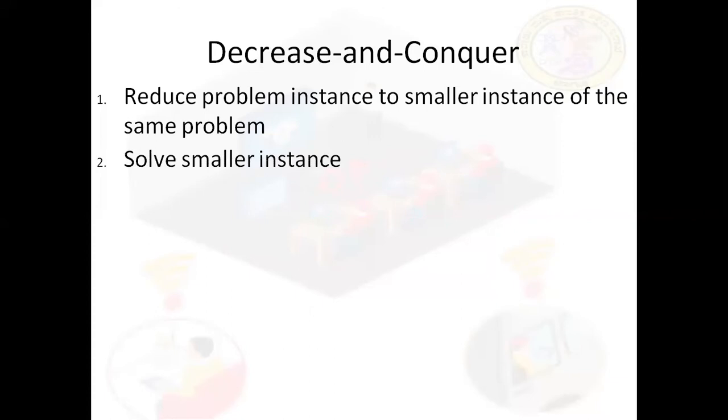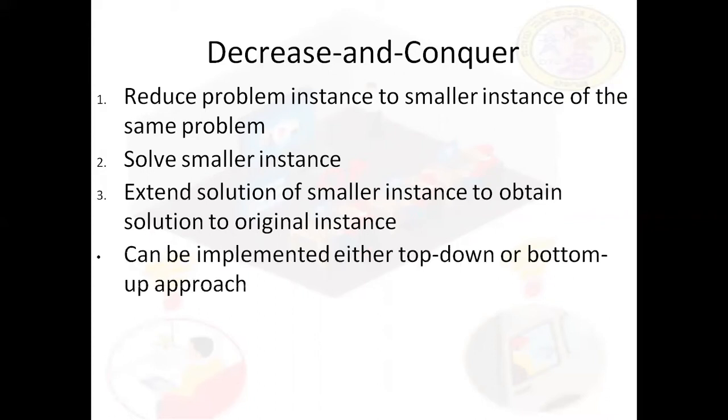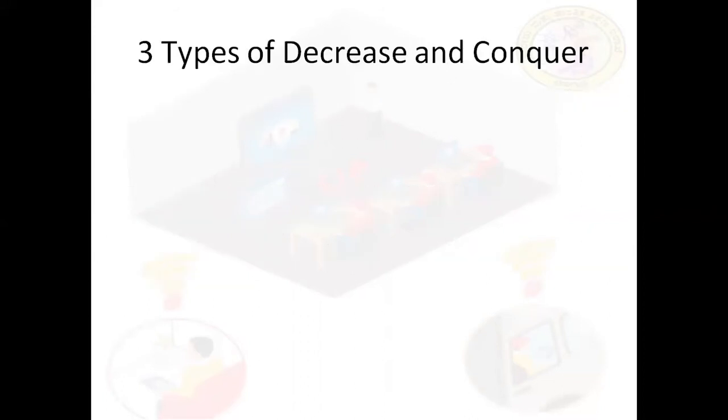Solve the smaller instances, as in case of divide and conquer, and extend the solution of smaller instances to obtain the solution to the original problem. So what we are doing here is extending the solution of the smaller sub-problems to obtain the solution of the original problem. And it can be implemented either by using top-down approach or bottom-up approach.